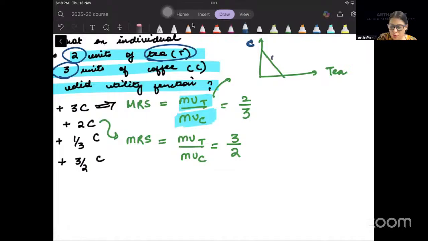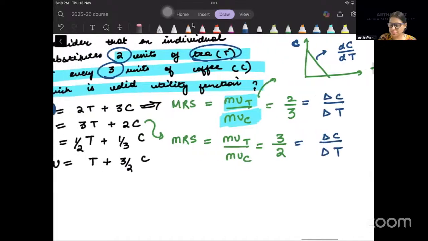So the slope of this indifference curve is change in coffee by change in t. And this matches 3:2. So coffee changes 3 and t changes 2.